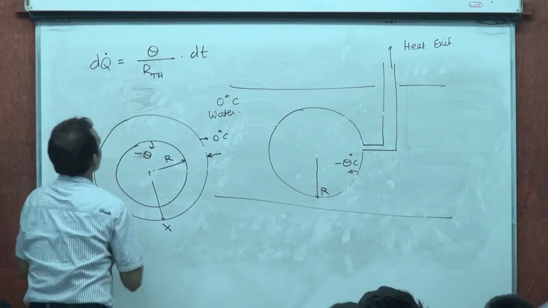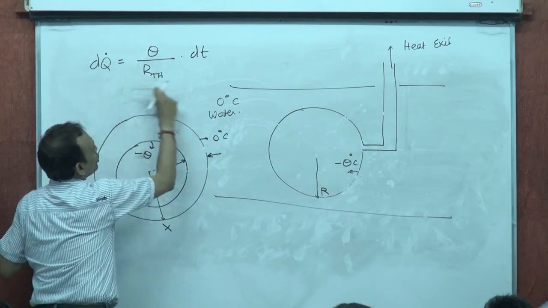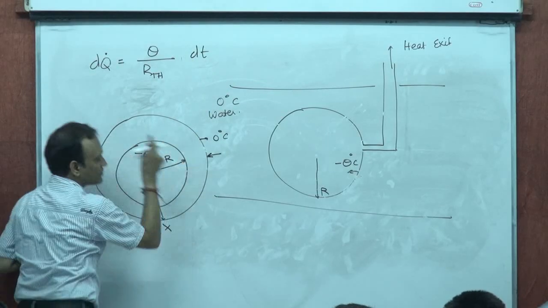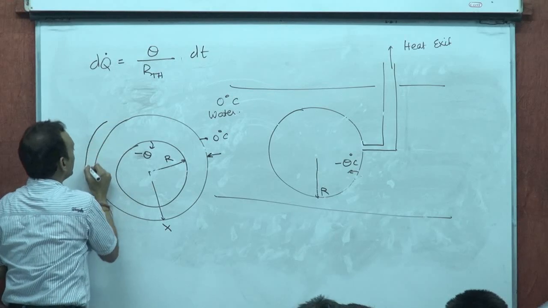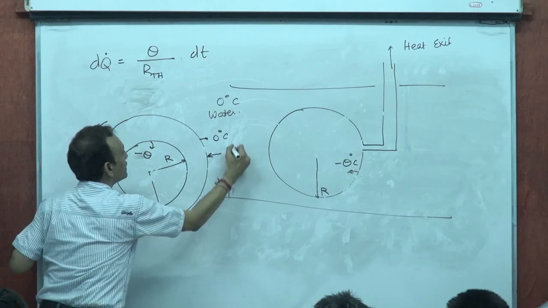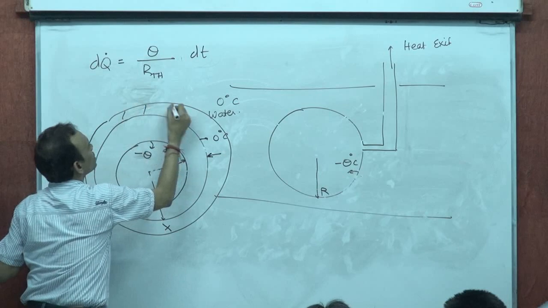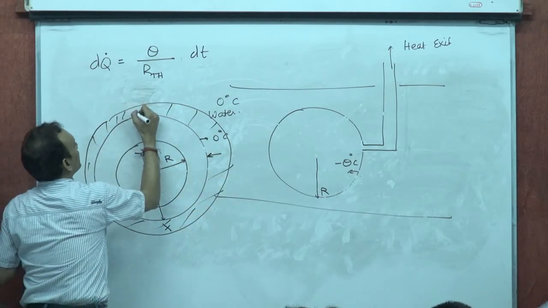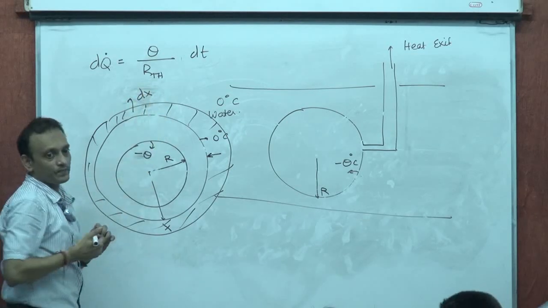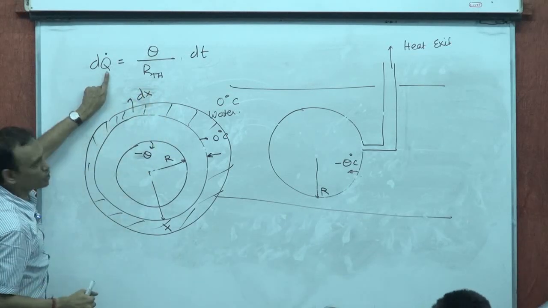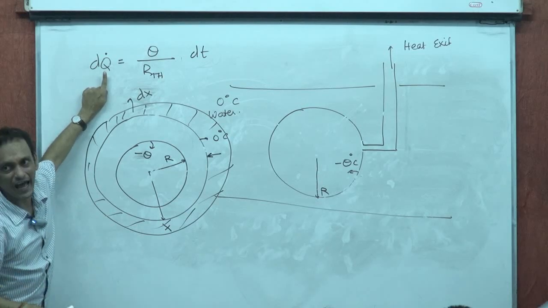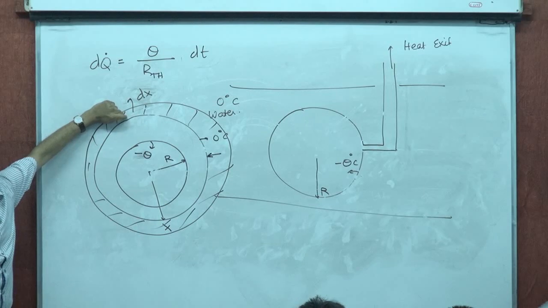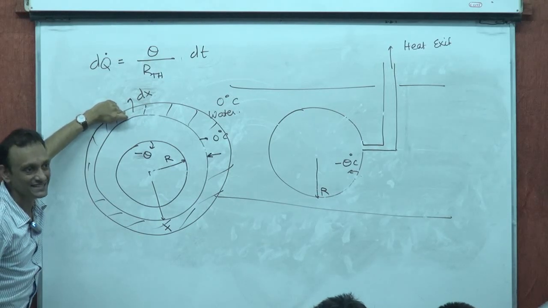So what really happens is, when this dq dot flows in time dt to the inner surface of this, we have a layer of ice of thickness dx that develops. An additional layer dx develops because this dq dot is obtained out of freezing this volume of water into ice. Yes or no?